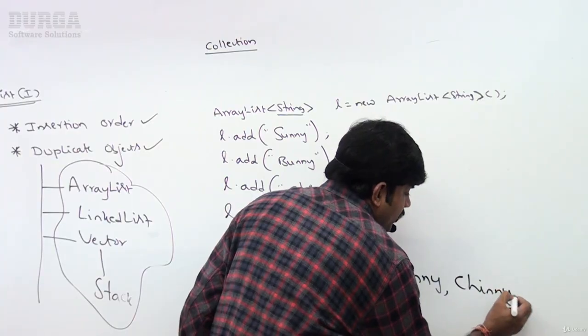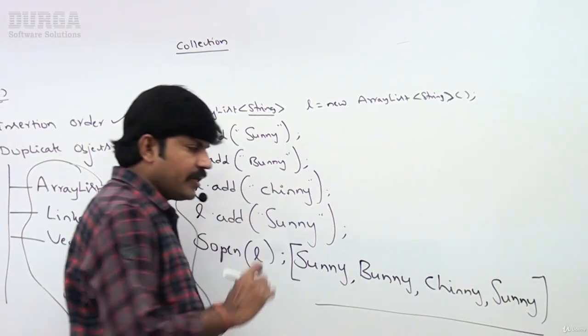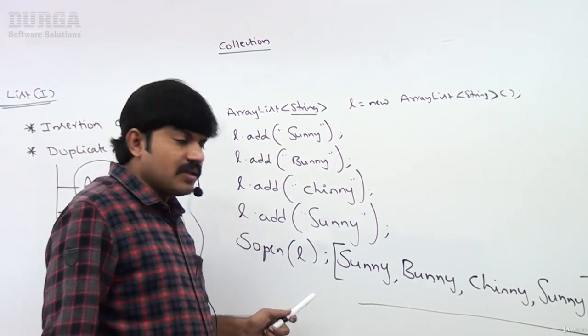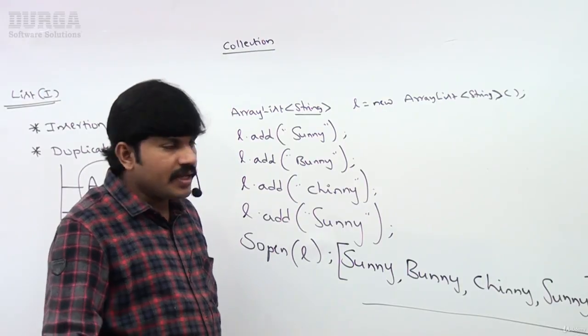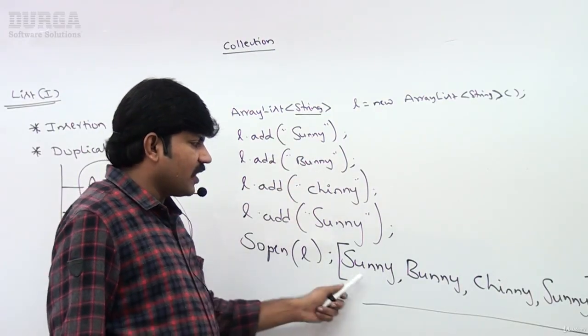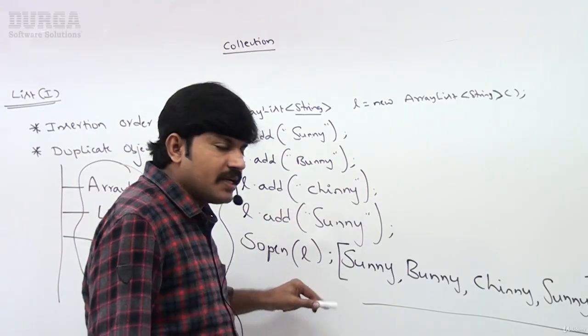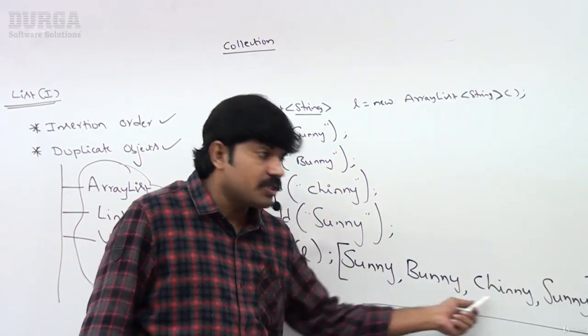Chinny. The fourth inserted object is Sunny again. So if we print this ArrayList, this is the output by default. Very clear. Is insertion order preserved or not? Yes, insertion order is preserved. In whichever order we added, in the same order the objects got saved inside memory.